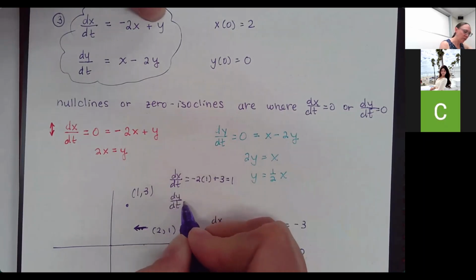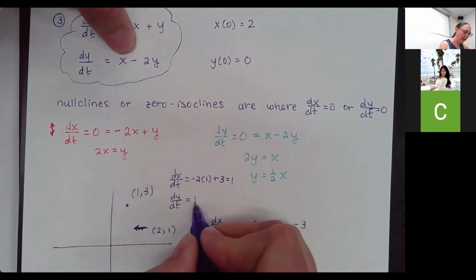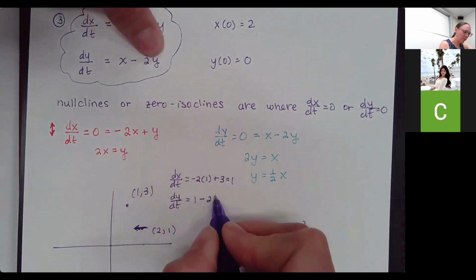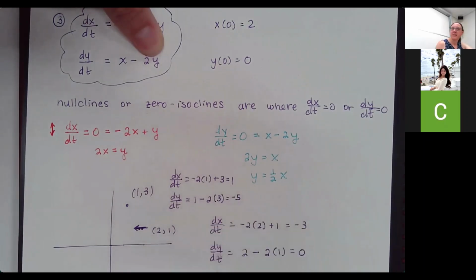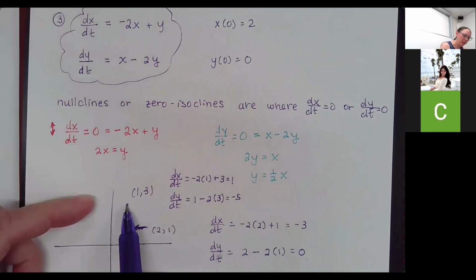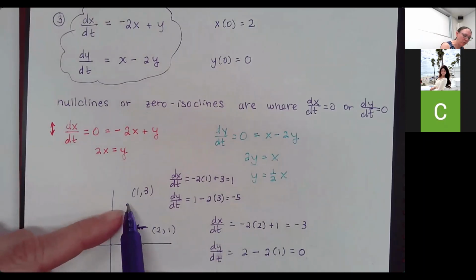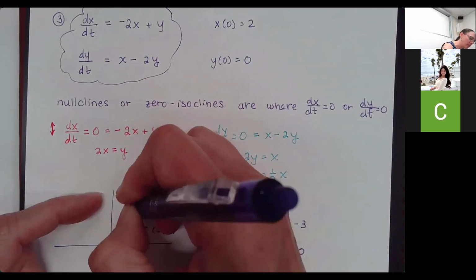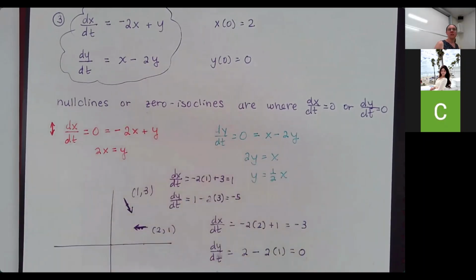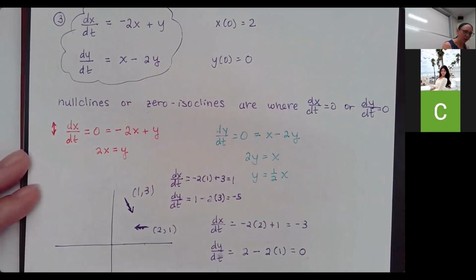And dy dt would look like 1 minus 2 times 3, so -5. So if I was standing at the point 1, 3, my arrow should point 1 to the right, down 5. Something like this. And we could sit here and plot a whole bunch of these little arrows, right? And that's how we would build a direction field. I don't want to draw the direction field for this because it's going to get messy in a hurry.